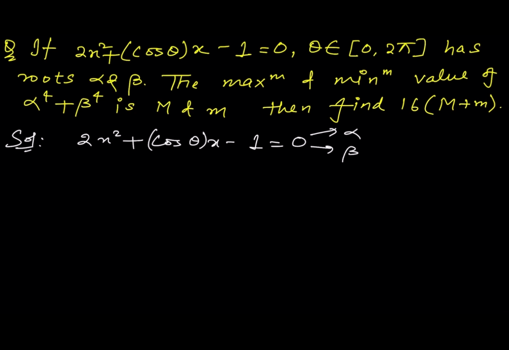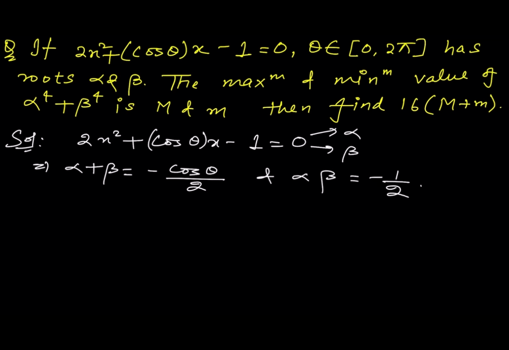So from here I can write α + β = −cosθ/2 and αβ = −1/2.